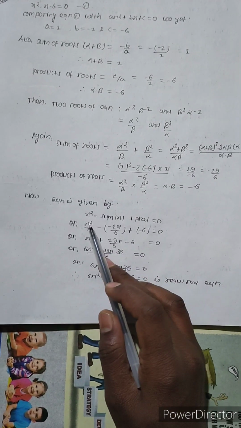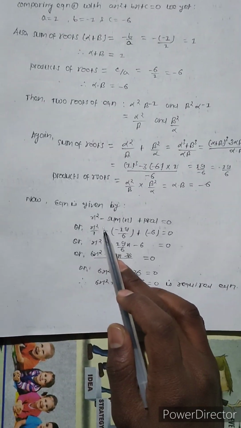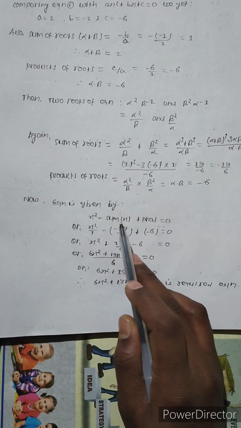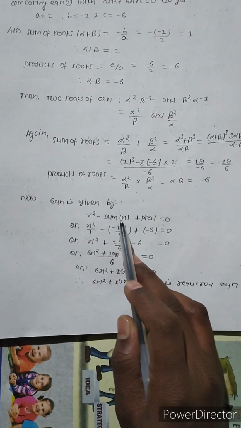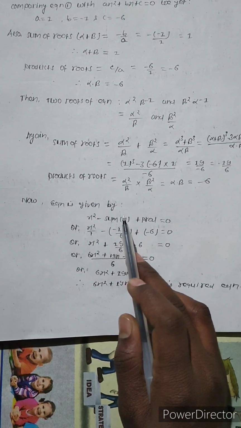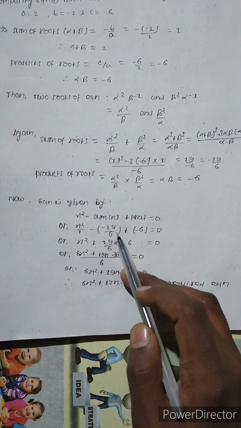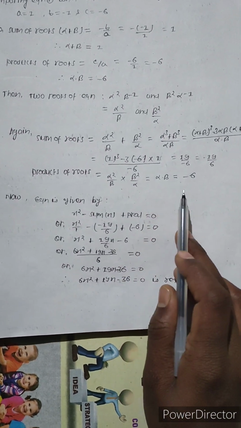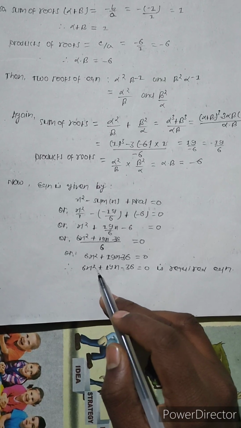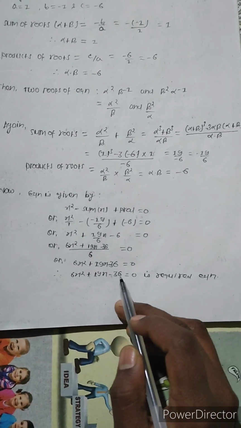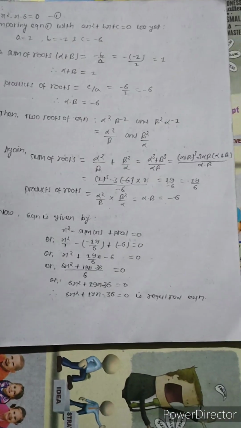Here the sum of the roots is minus 19 by 6 and the product of the roots is minus 6. If we solve this, we get 6x square plus 19x minus 36 equal to 0, which is the required equation. Okay, so thanks.